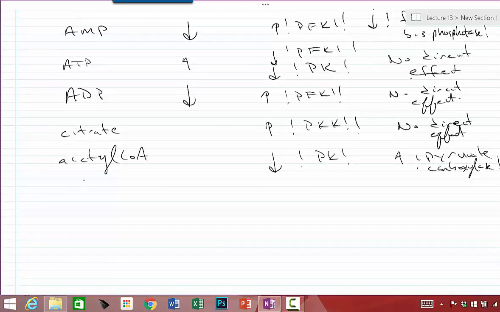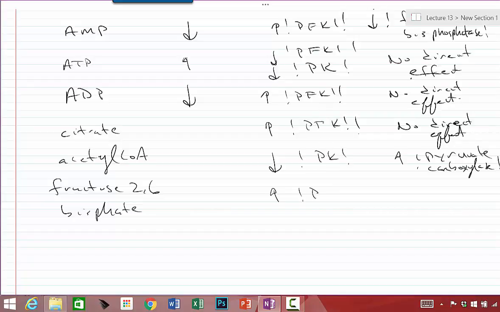Okay, and so that's that. And then finally, the last one that I need to talk about is this thing called fructose 2,6-bisphosphate. And its effect on glycolysis is to increase phosphofructokinase 1. I'm sorry, let me just change that.